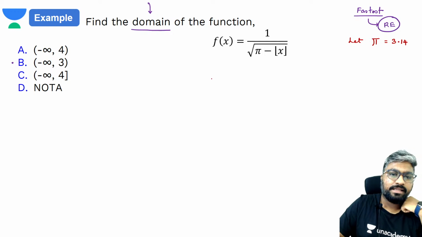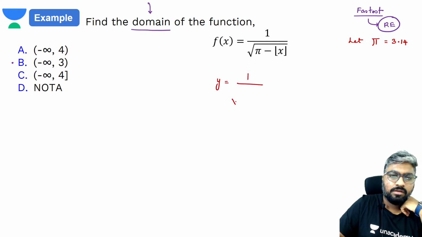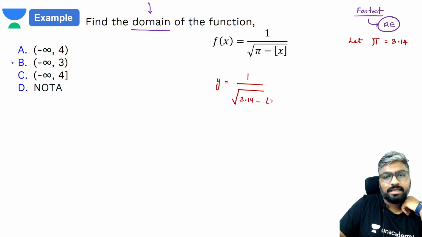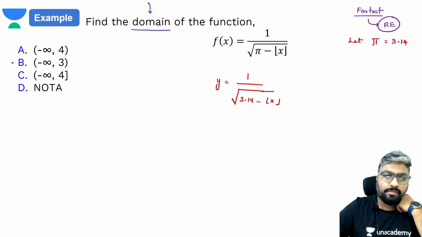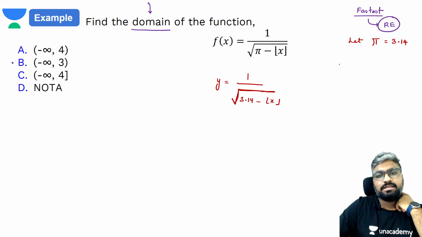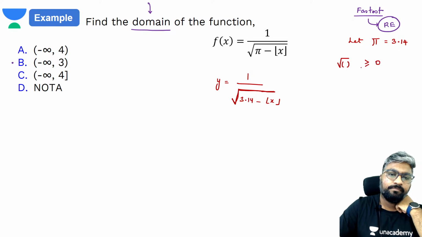So here, f of x is 1 by square root of 3.14 minus the greatest integer of x. Because this is in a square root, the value inside has to be greater than or equal to 0.